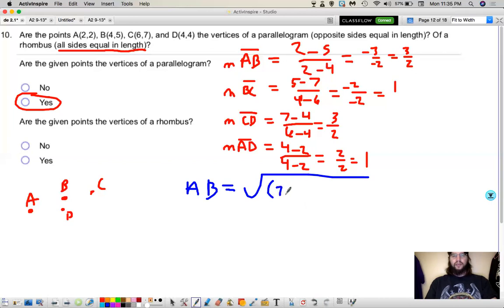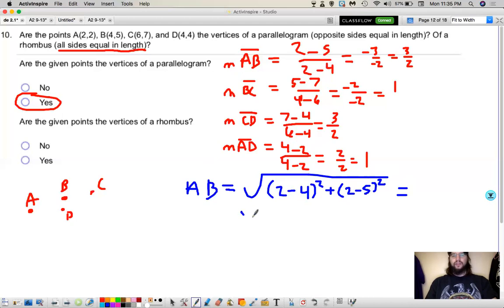So square root of x minus x squared plus y minus y squared. It makes no difference what you call x1 and y1, as long as you keep the order the same. In fact, for this particular formula, it doesn't even matter because we're squaring it. But it's a good habit to keep up anyway. So this is A, this is A, this is B, this is B. Let's see what that length is.